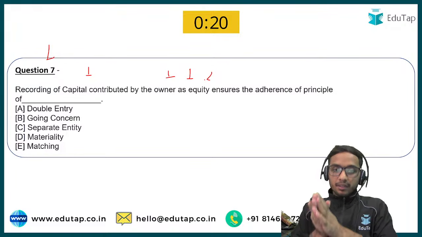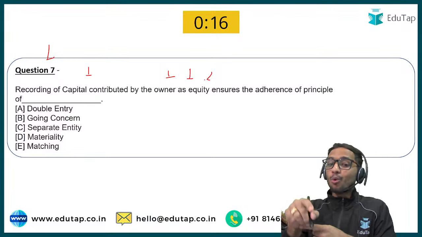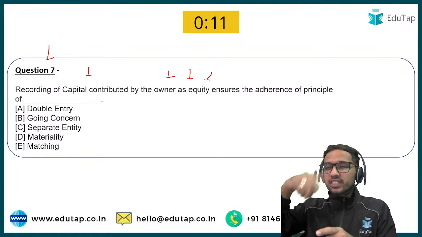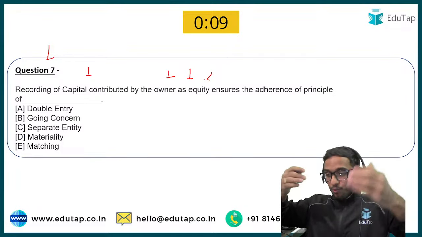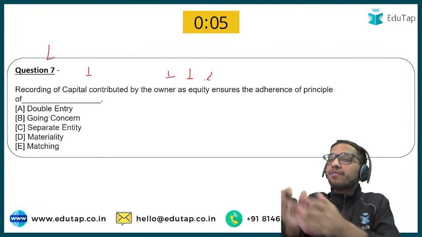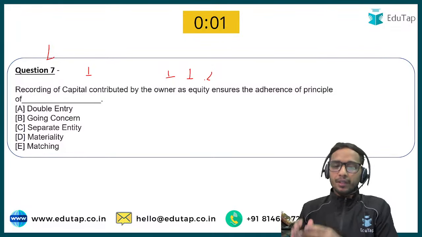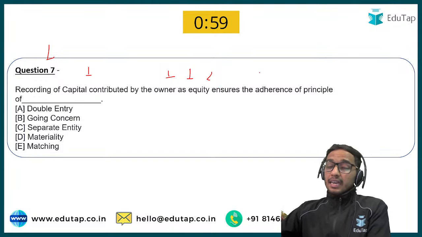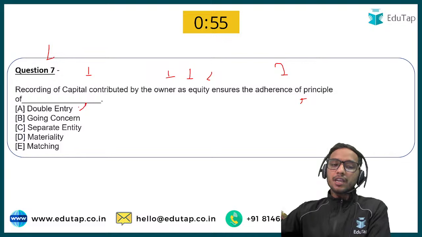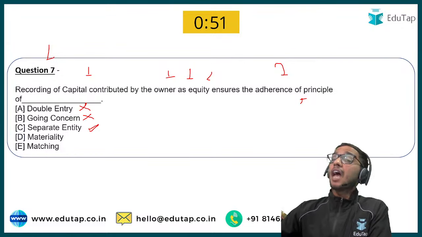And that's why the question is asking recording of capital contributed by the owner as equity. Equity means equity and liability, we place it on the same side now. So whatever capital we have introduced in our company, that is also a kind of liability for the company itself. They take it as the liability, right? So question is saying it is due to the principle of what? It is due to the principle of double entry? No. Going concern? No. Separate entity? Yes, absolutely.